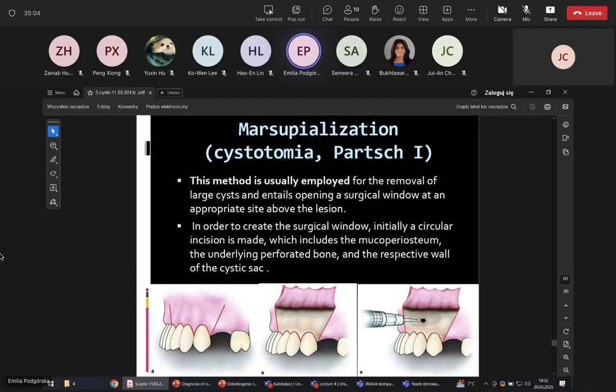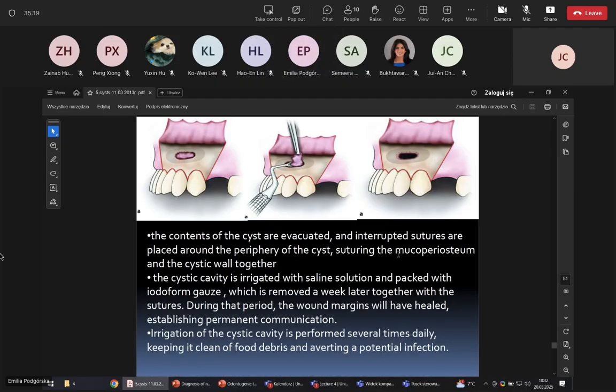In order to create the surgical window, initially a circular incision is made, which includes the mucoperiosteum, the underlying perforated bone, and the respective wall of the cystic sac. The contents of the cyst are evacuated and interrupted sutures are placed around the periphery of the cyst, securing the mucoperiosteum and the cystic wall together.